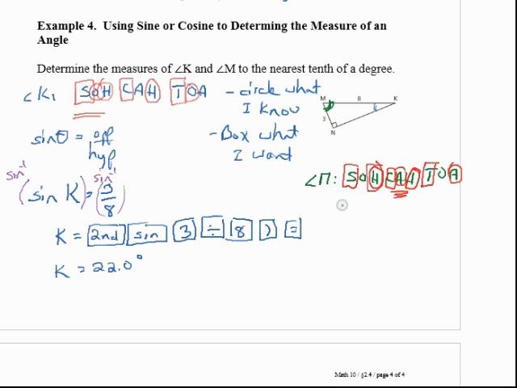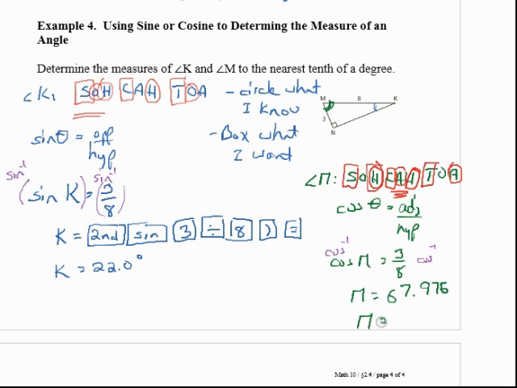Cos theta, so CAH is adjacent over hypotenuse. So cos of M equals 3 over 8. Cos to the minus 1, cos to the minus 1. M equals 67.976. They asked for it to the nearest tenth of a degree, so that is actually 68.0 degrees.